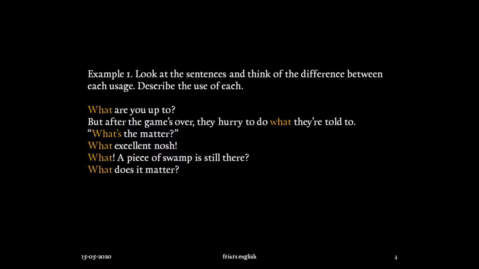What are you up to? But after the game's over, they hurry to do what they're told to. What's the matter? What excellent nosh! What? The patch of swamp is still there? What does it matter? Now pause the video and attempt an answer. Once you're done, we'll look at the answer together.